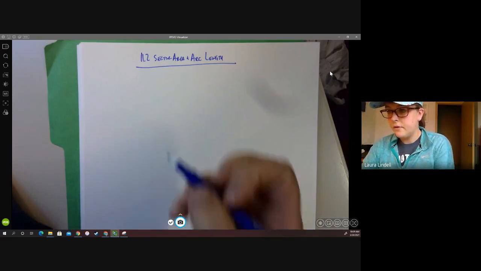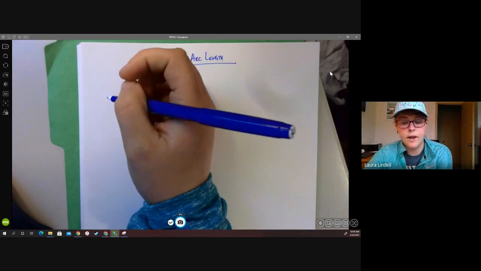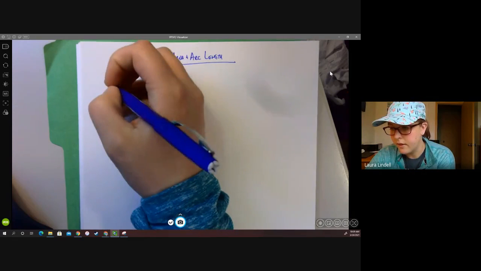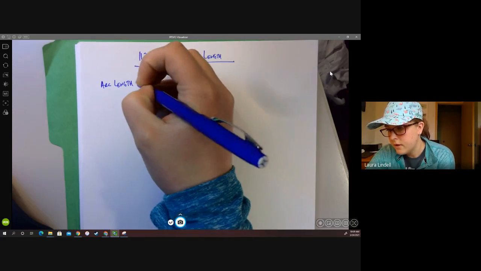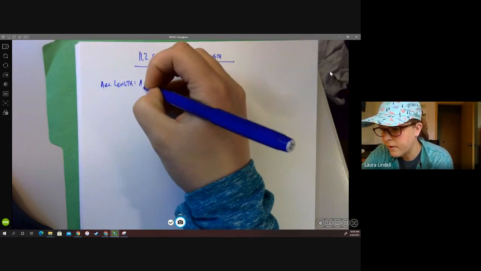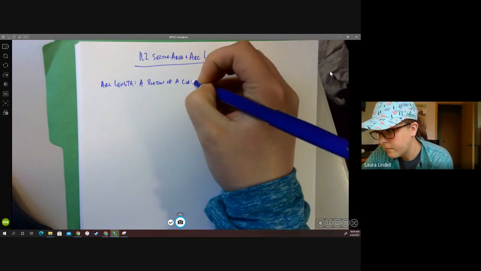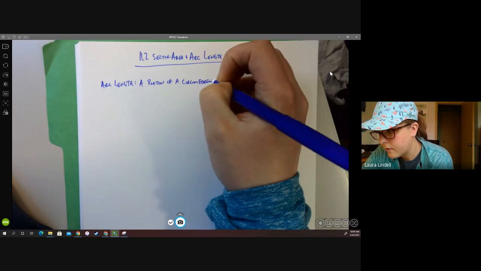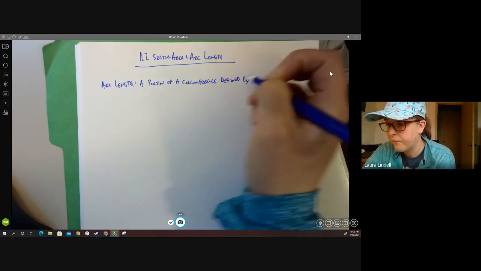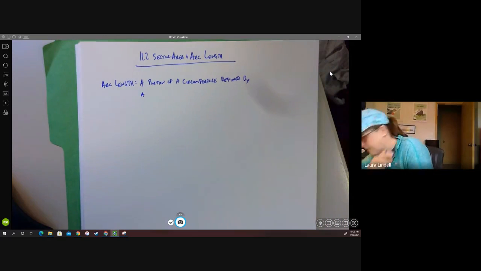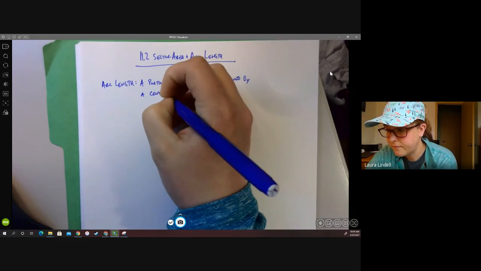So let's start with arc length first. We talked a little bit in our vocab section in 10.1 about what arc length is. And we define it as a portion of a circumference defined by a central angle.